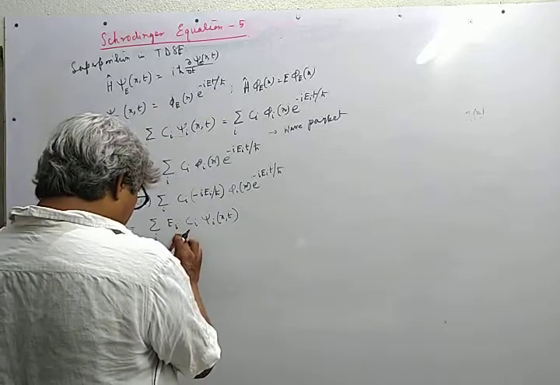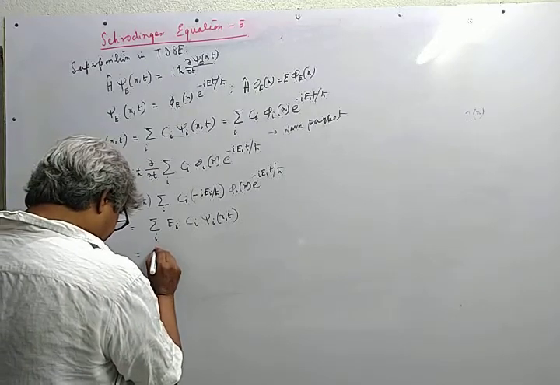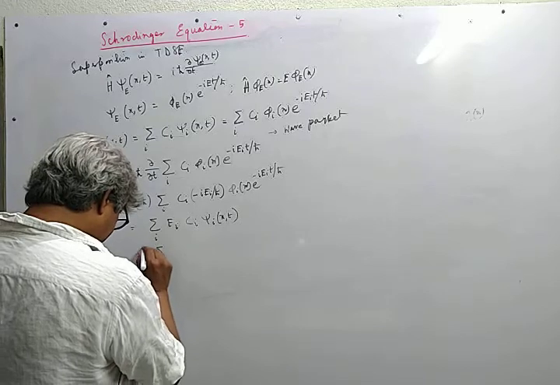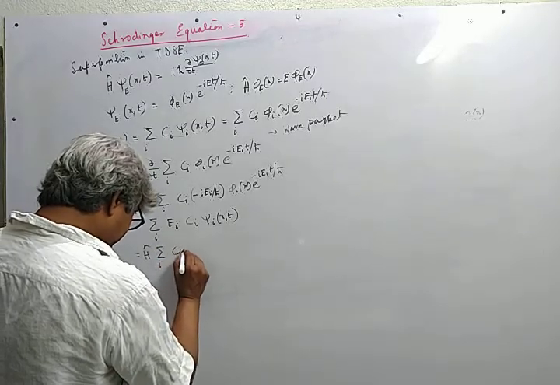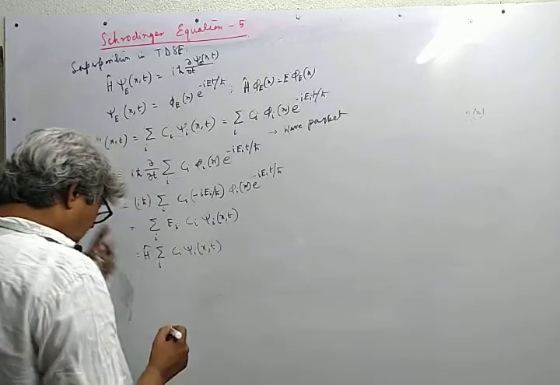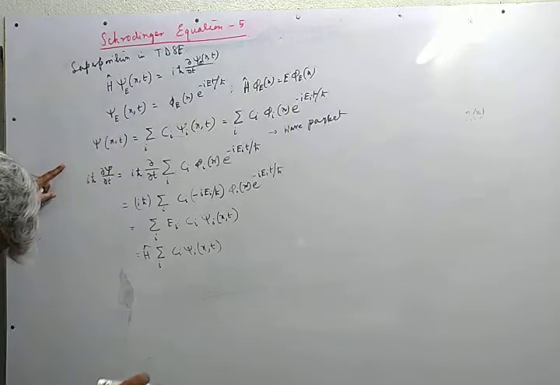This part we can assume to be like this. When H operates on this, it gives you Ei times this. So what we see?